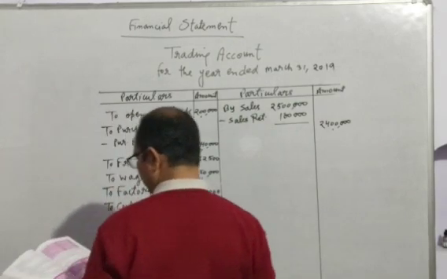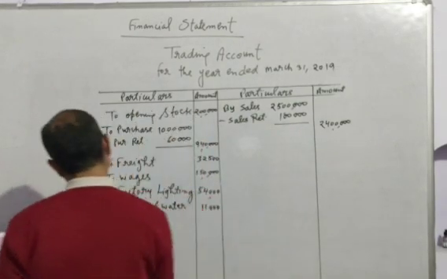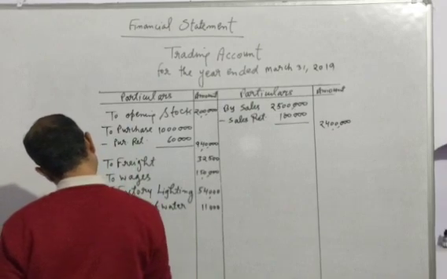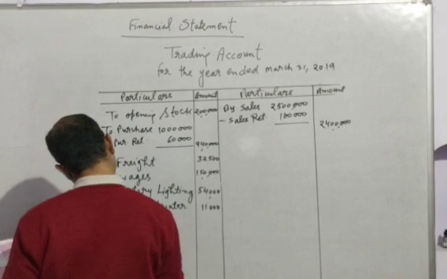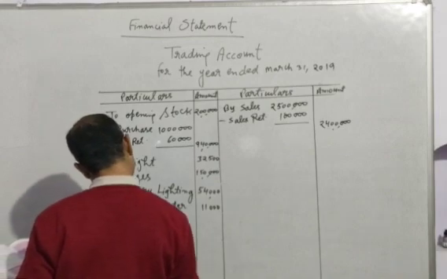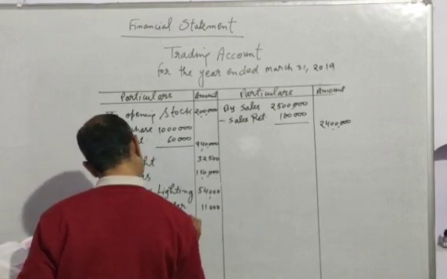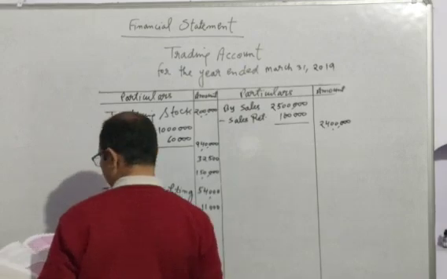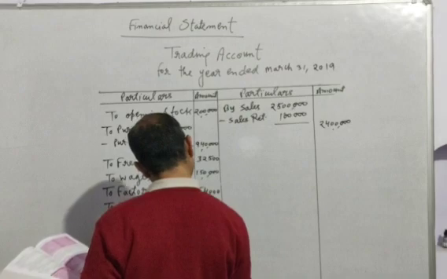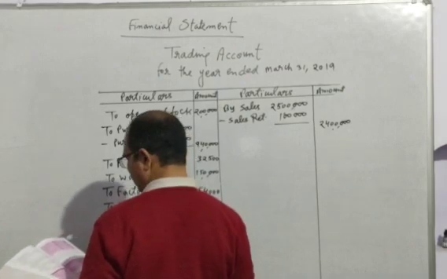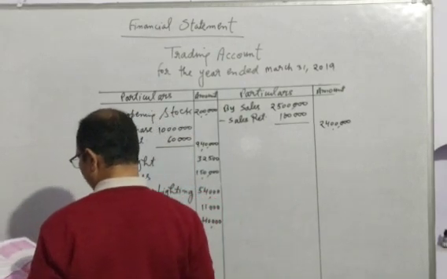Next is carriage on purchase, amount is 40,000. The next is carriage on sale.